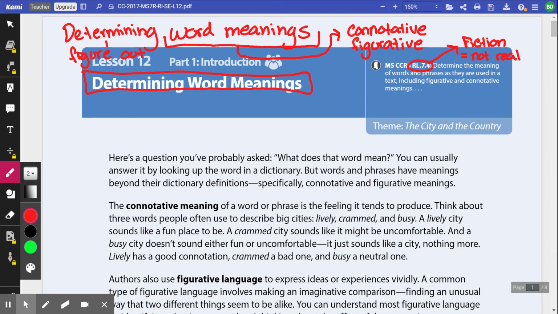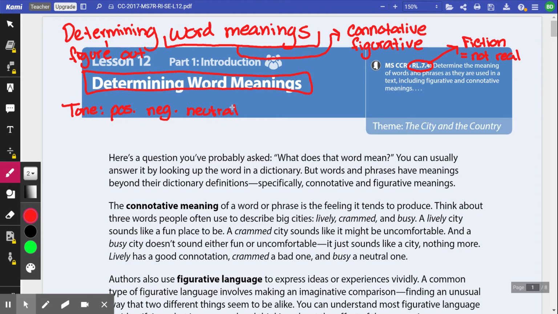And since I know that I am going to be focusing on word meanings again this week, connotative and figurative, I know that tone has a lot to do with connotative and figurative word meanings. And we have three different feelings associated with tone. We have positive, negative, and neutral.